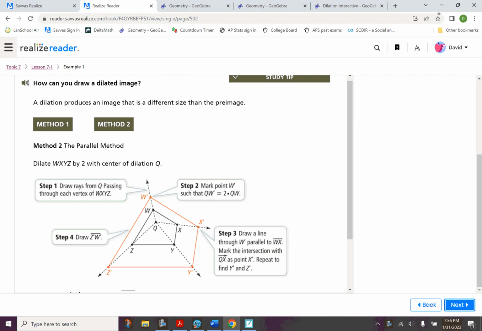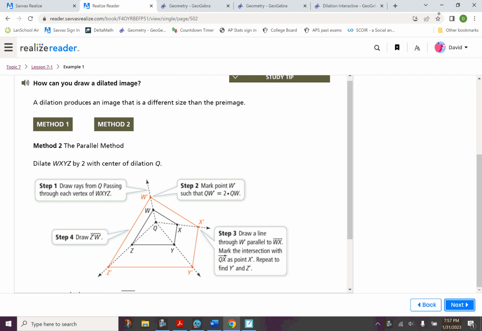Step 3, this is where I think it gets really tricky. From W prime, we put in a line parallel to the original segment WX. Where it meets ray QX, that's the location of X prime. Then we do it again. Through X prime, parallel to segment XY in the original, where that crosses ray QY, that's the location of Y prime.